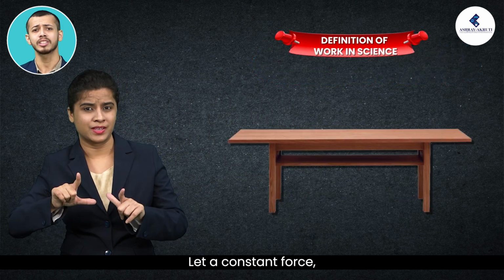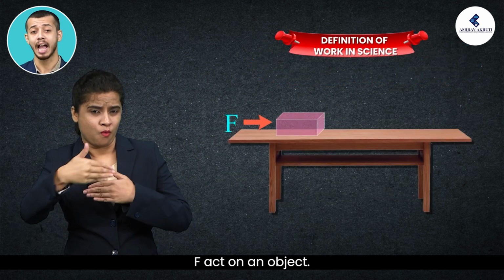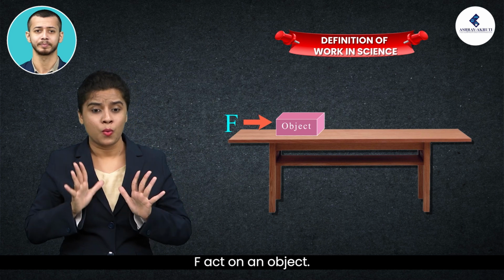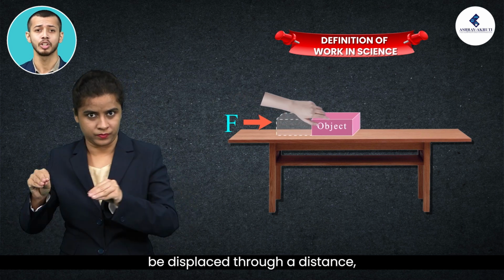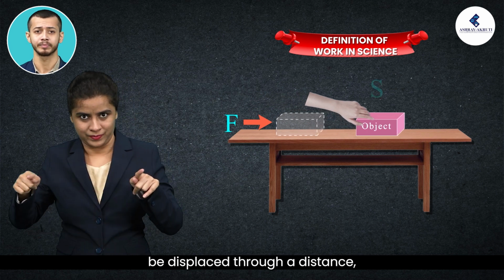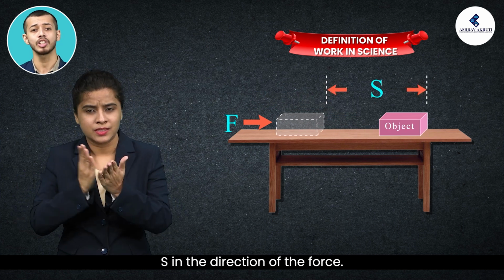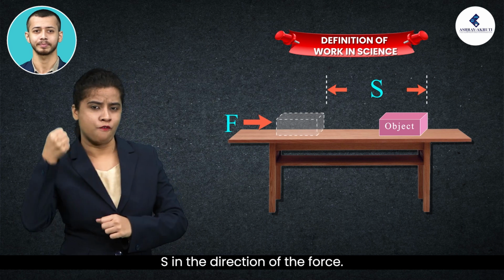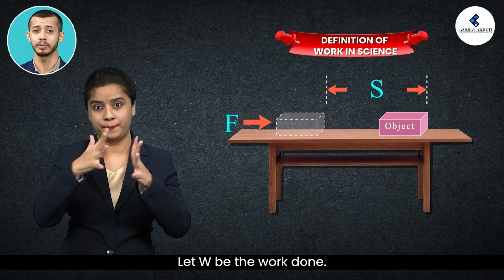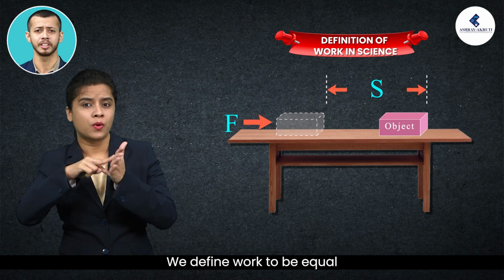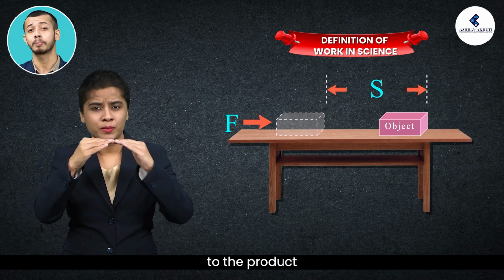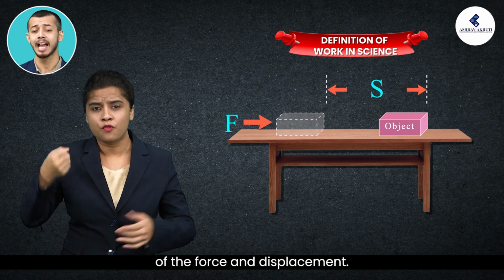Let a constant force F act on an object. Let the object be displaced through a distance S in the direction of the force. Let W be the work done. We define work to be equal to the product of the force and displacement.